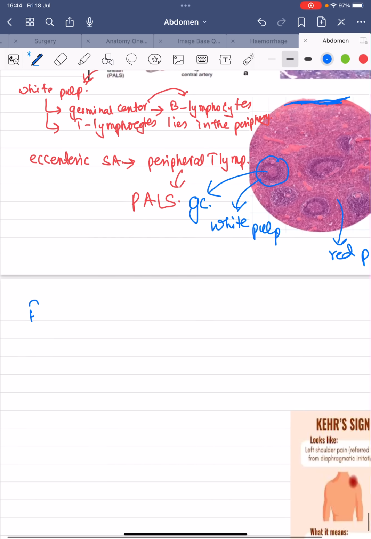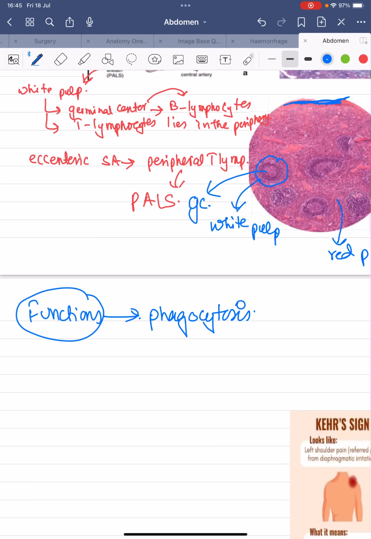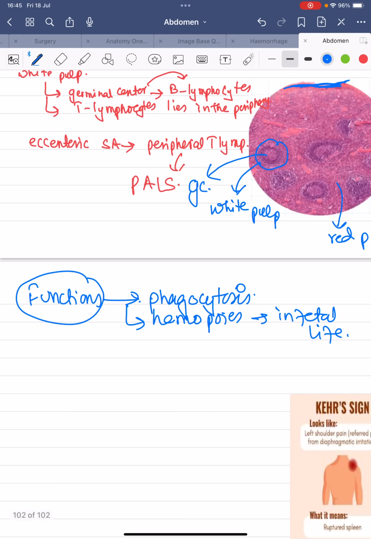So functions of the spleen: phagocytosis, hemopoiesis only in fetal life. After that, it will only take part in the formation of lymphocytes. Immune response, for example immunoglobulin M production, plasma cell formation.